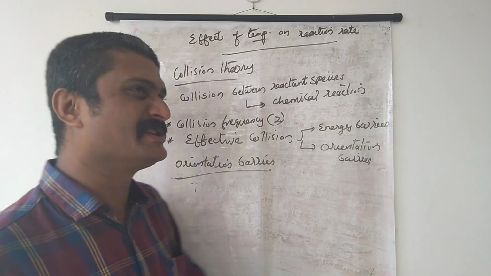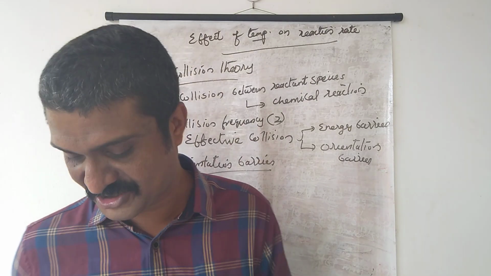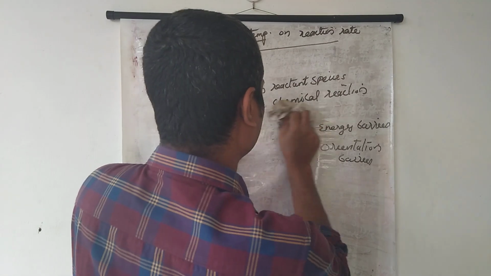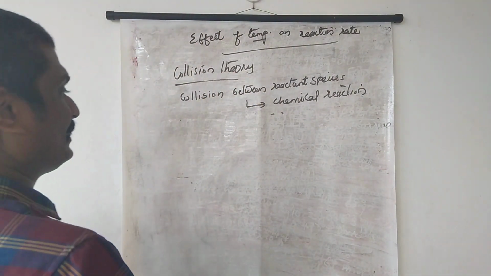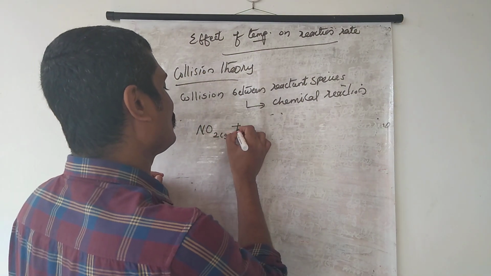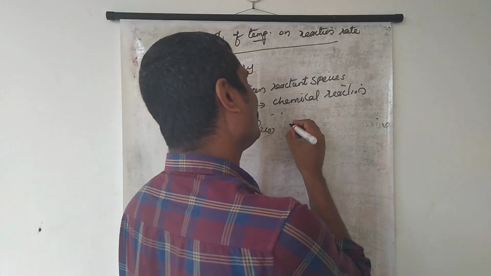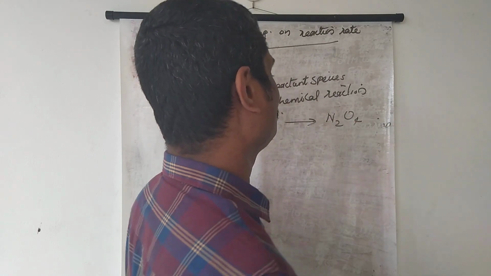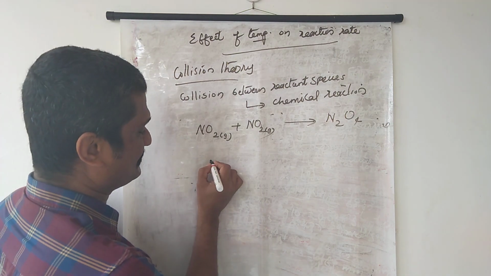We can explain this orientation barrier on the basis of a simple reaction. Please listen. Two molecules of NO2 gas combine together to form N2O4.